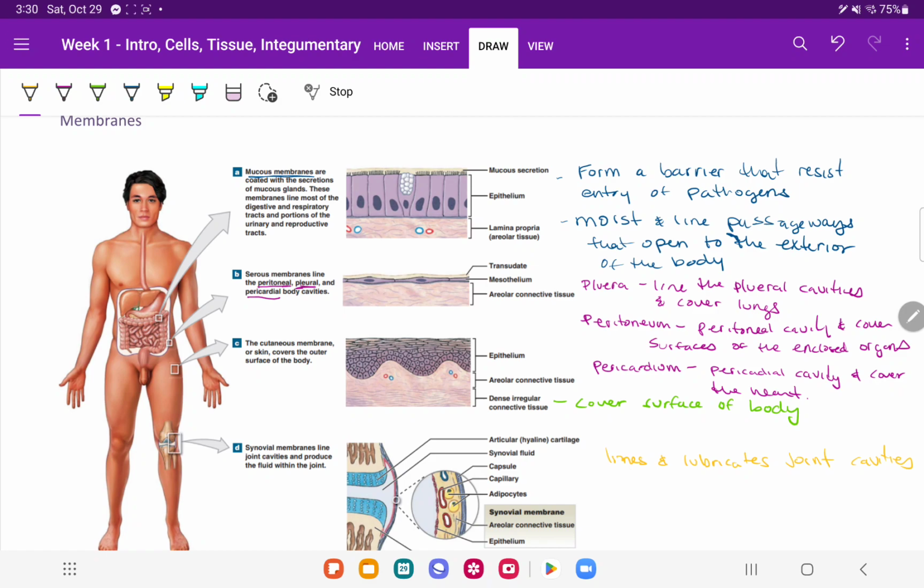Bones that connect to one another at joints, these are called articulations. Joints that permit significant movement are surrounded by a fibrous capsule and contain a joint cavity lined with the synovial membrane. This synovial membrane consists of areolar tissue covered by an incomplete superficial layer of squamous or cuboidal cells, but it doesn't have a basement membrane.